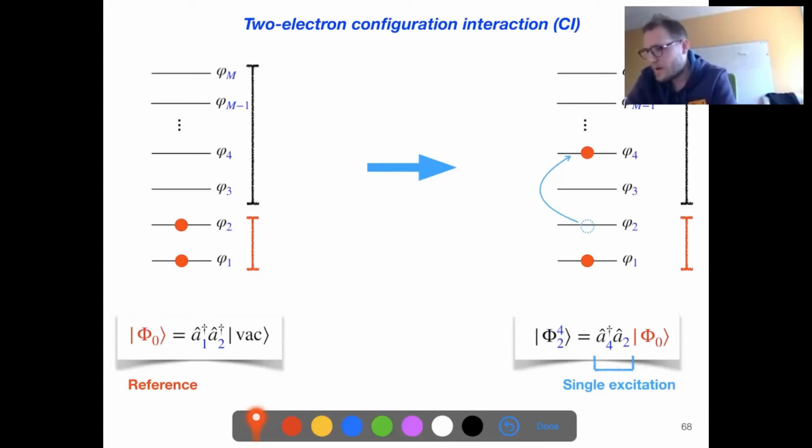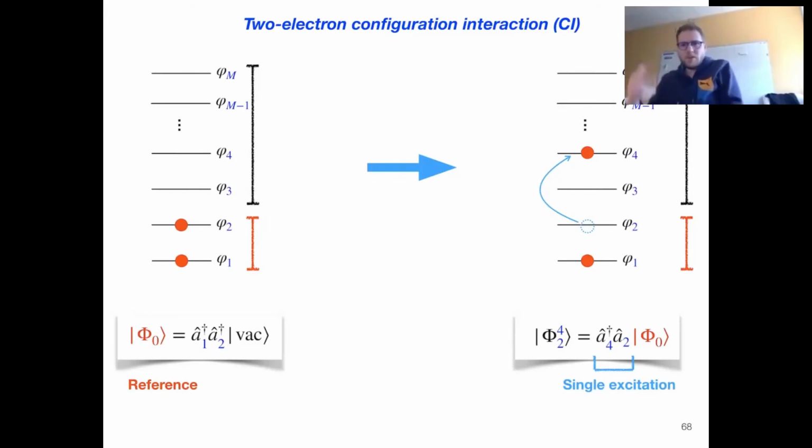So annihilation and creation: I remove an electron somewhere and I put it in another. With this creation and annihilation operator, I can describe a single excitation process, because a single electron has been excited.